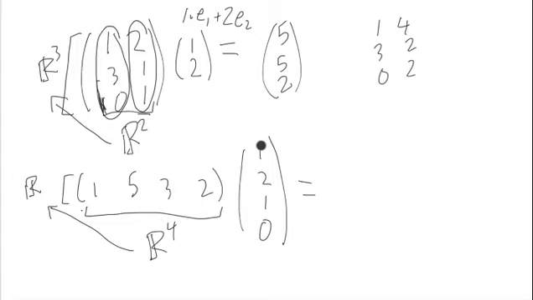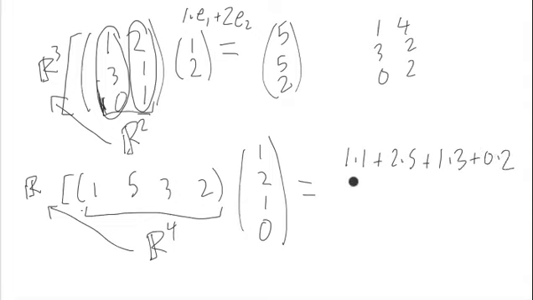We basically take 1 times the image of E1 plus 2 times the image of E2 plus 1 times the image of E3 plus 0 times the image of E4. So we can think 1 times 1, 2 times 5, 1 times 3, and then 0 times 2.